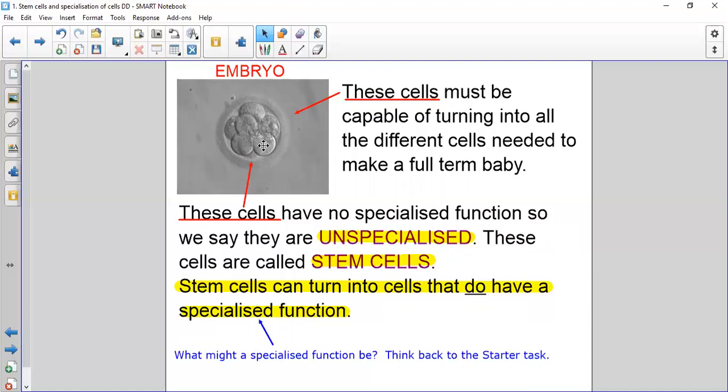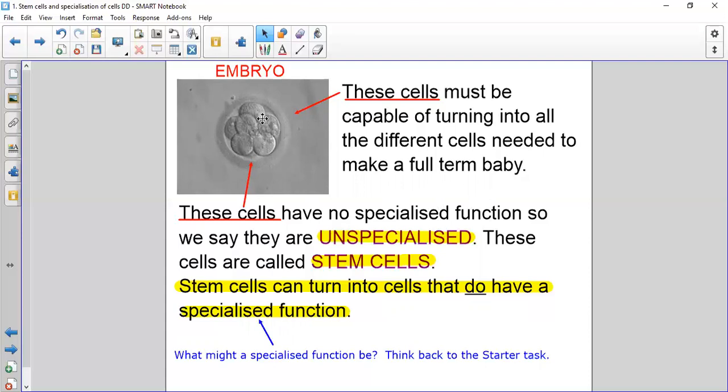At the moment, these cells have got no special job. They've got no specialized function. And because of that, we call them unspecialized. These cells here in this embryo are unspecialized because they don't have a particular job yet.